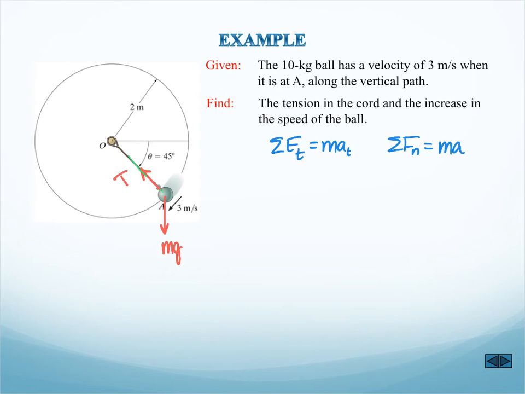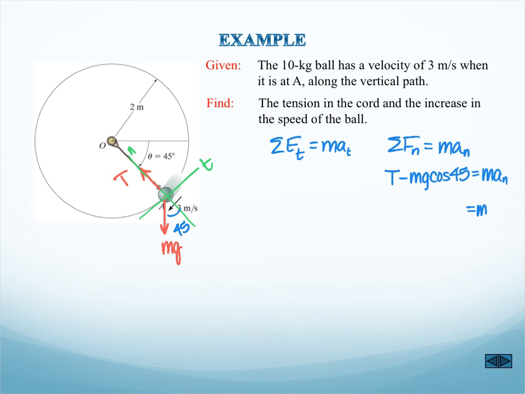This would be the normal direction, and this would be the tangential direction. If we looked at forces in the normal direction, we would have the tension, if we say in towards the center is positive, and then we have mg, and this angle is going to be 45. It's easy because it's 45. Cosine of 45 equals the mass times the normal acceleration.